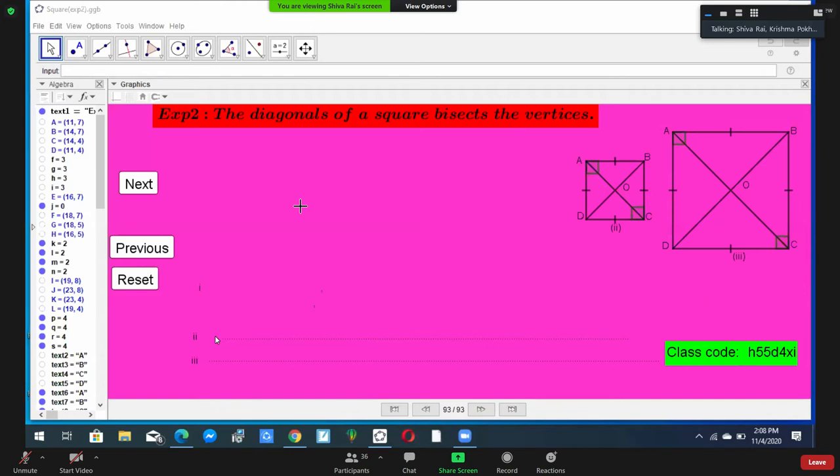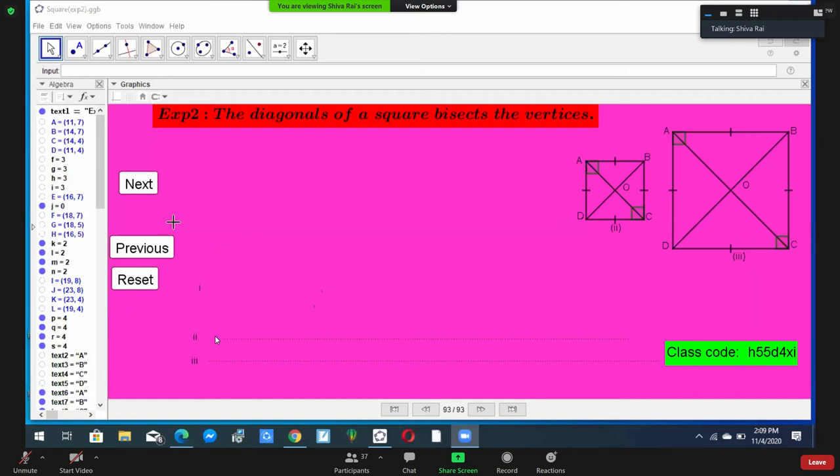Okay. Yes, sir, how to start? You look here. First of all, we have to draw the figure. 2 figures I have not rubbed. But the first figure you cannot see.